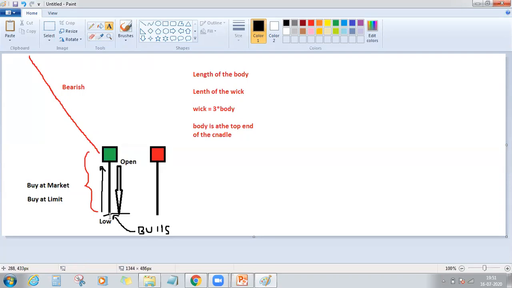When the price was falling down, it was because of buy at limit price.